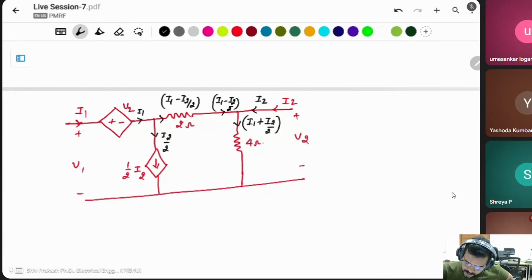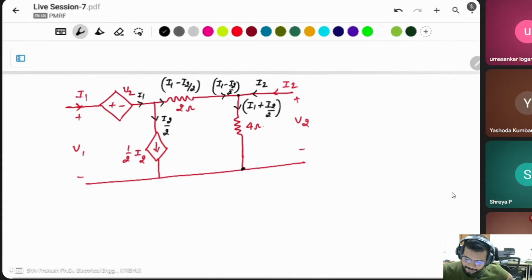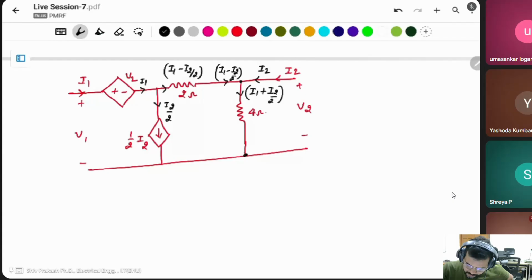You can say this resistor is directly connected across V2. Then what is the V2? By Ohm's law, this 4 ohm resistor and current. What is the current? Current is I1 plus I2 by 2. It means V2 is 4I1 plus 2I2.